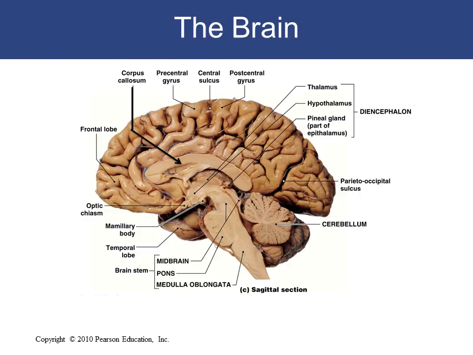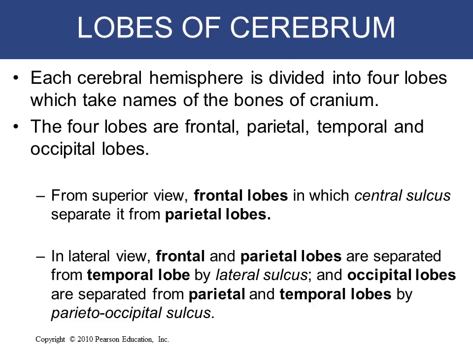It connects the right and left hemispheres together. So that is the corpus callosum. The next thing is the lobes of the cerebrum. Each cerebral hemisphere is divided into 4 lobes, and these lobes take the names of the bones of the cranium.